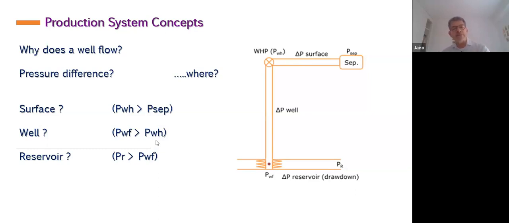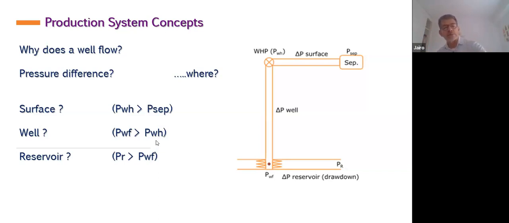If we lower the pressure of the separator, we will be lowering somehow the wellhead pressure, and that is good because in that case we are also lowering the well downhole flowing pressure.